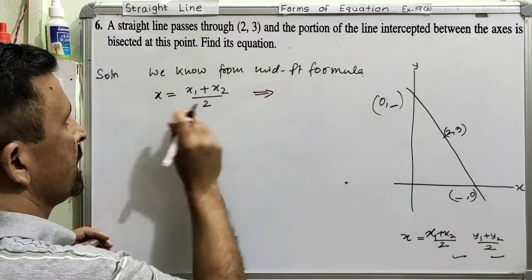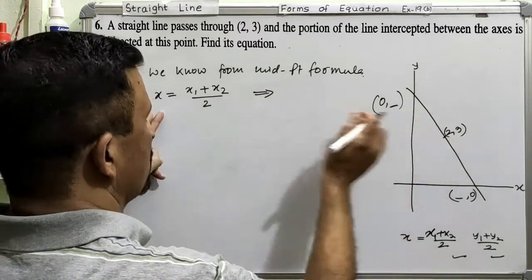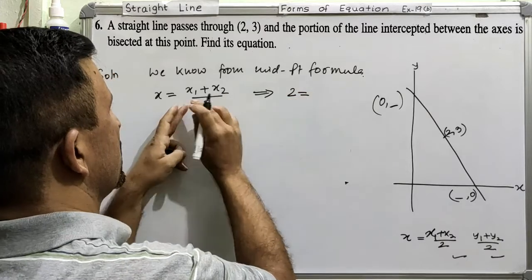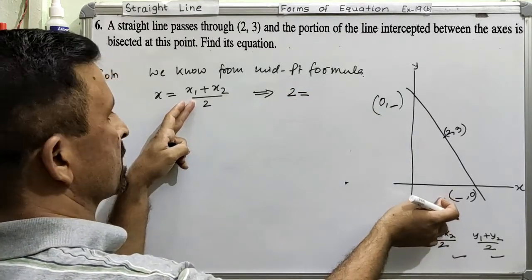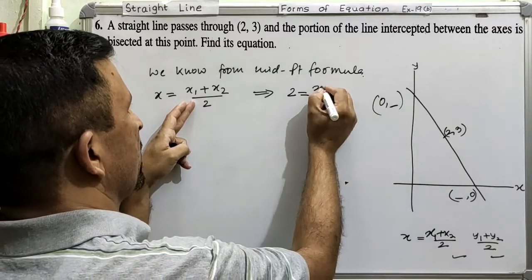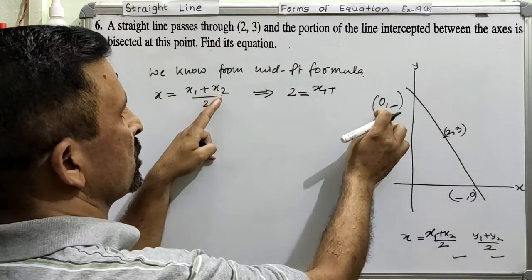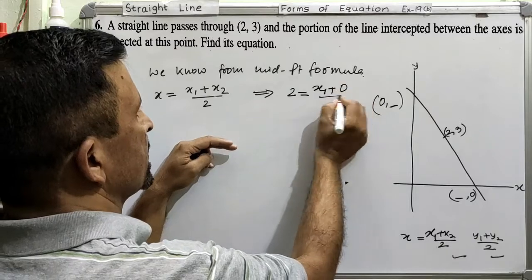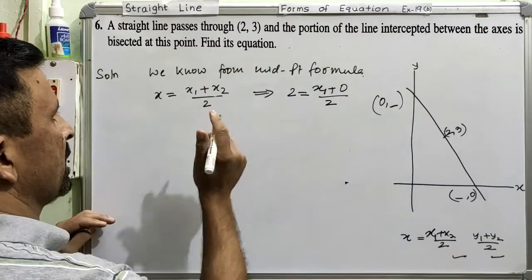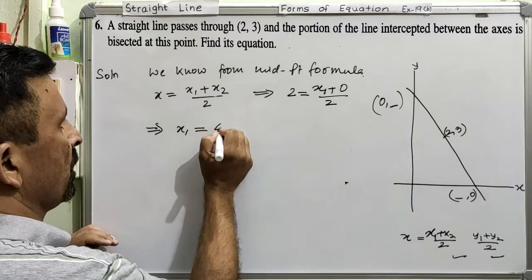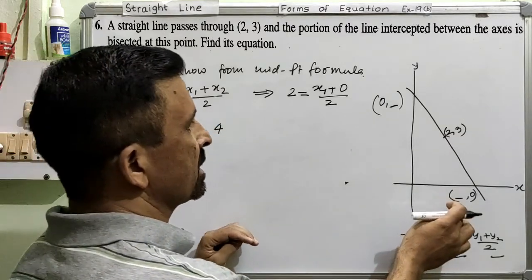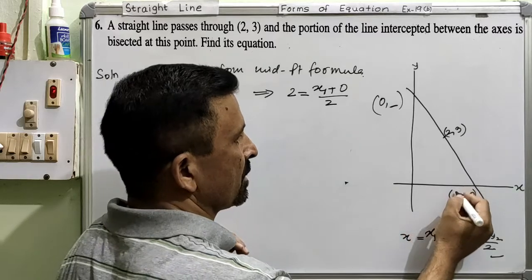Your x is already 2, and you can assume any one of these 2 as x1. Suppose x1 is missing, then x1 plus x2, where x2 is 0, divided by 2. Simplify, you will get the value of x1, and this implies x1 is equal to 4. So the value of x you have calculated is 4.